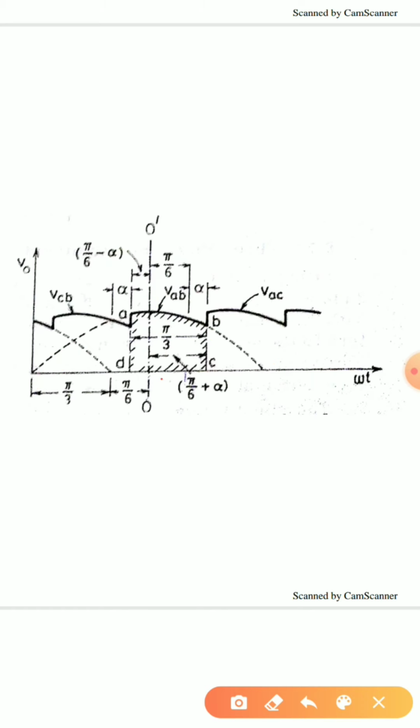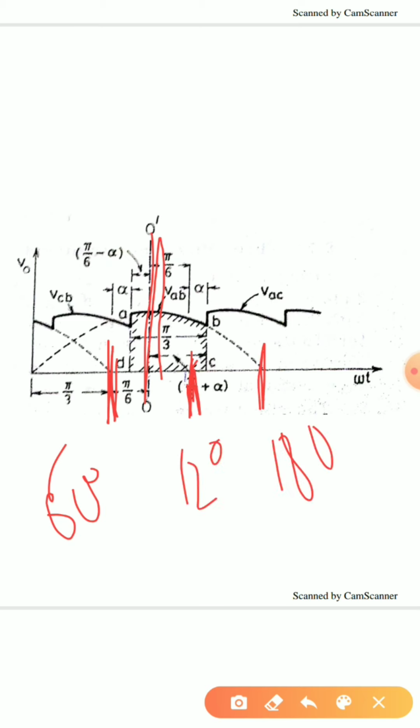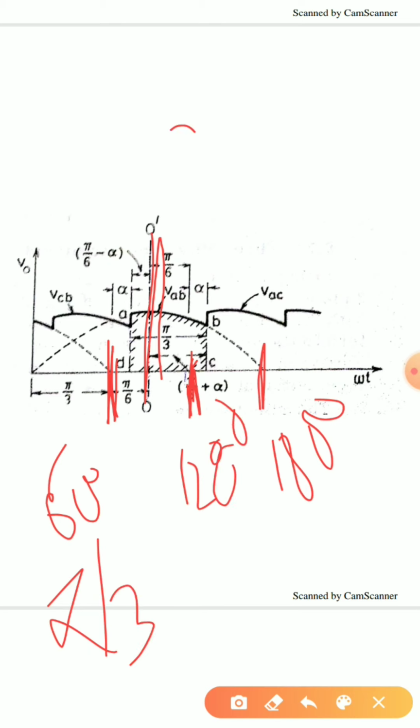This portion is from a previous waveform. Then this portion is 60 degree, the next portion is 60 degree, and this is 60 degree. So this is 60, this is 120, this is 180. 60 degree I can write as pi by 3, and 30 degree I can write as pi by 6.